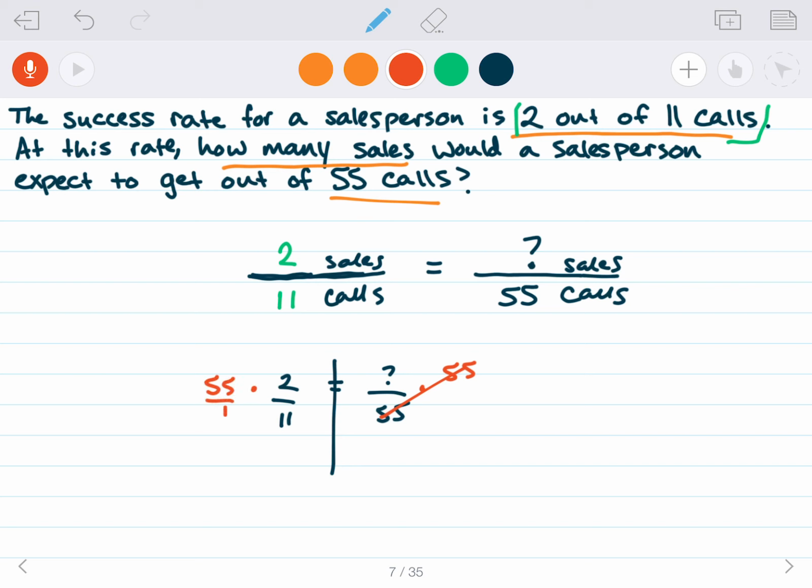Now the question mark is isolated, and 55 times 2 divided by 11 is going to give us 10. So, a salesperson should expect to get 10 sales for 55 calls.